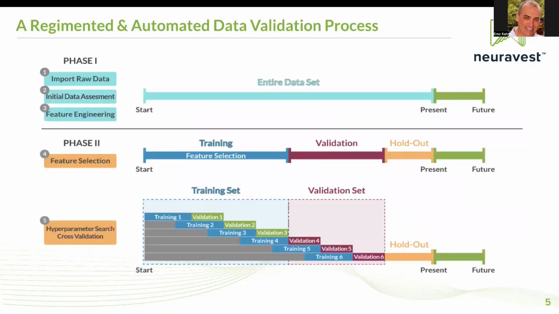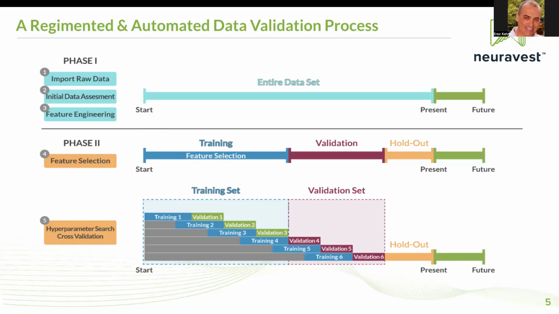Last thing about the process: when we evaluate a data set, whether it's intraday or multi-day, it doesn't matter, we break down the period in which we are doing the analysis into 4 distinct, non-overlapping timeframes. Essentially, the idea is to create a training set on which the machine is trained.